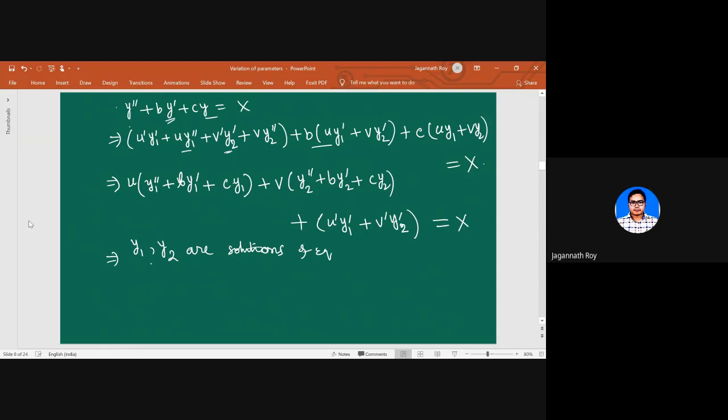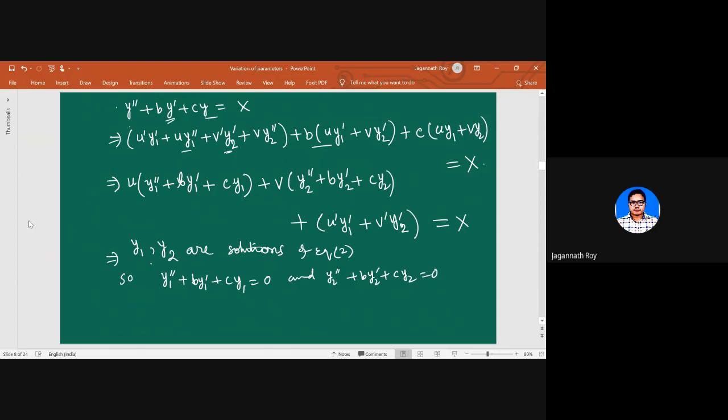They actually constitute the complementary functions of equation 2, so they will satisfy it. So we'll have y1'' plus b into y1' plus c into y1 equals 0, and y2'' plus b into y2' plus c into y2 equals 0.